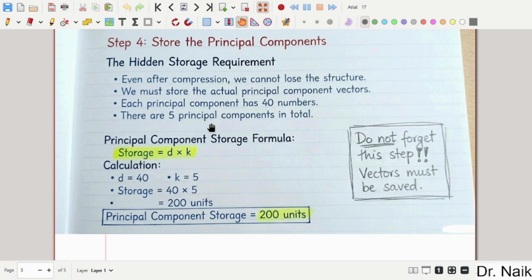So the storage required for the principal components can be calculated by the formula d multiplied by k, where d is the dimension of the original dataset and k is the number of principal components retained. Therefore, storage is equal to 40 into 5, which is 200 units. So the principal component storage is 200 units.